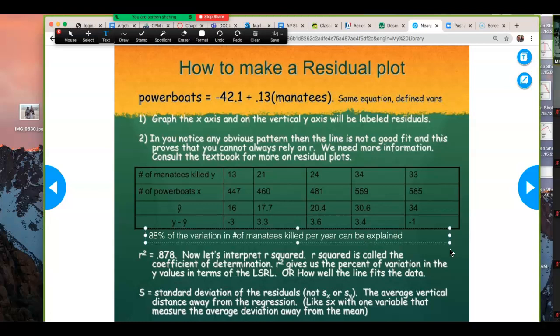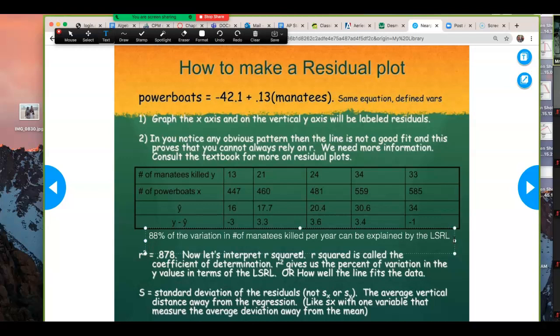So they would sometimes interpret it as the percent of variation that's explained, and 12% is unexplained. So it's always out of 100%. There's LSRL again, least squares regression line. 12% is unexplained. It also continues of y on x.